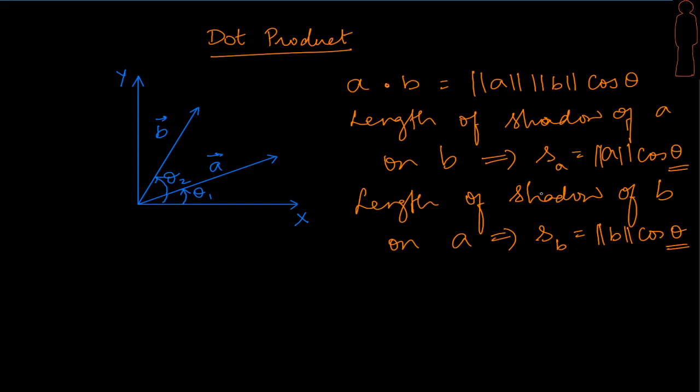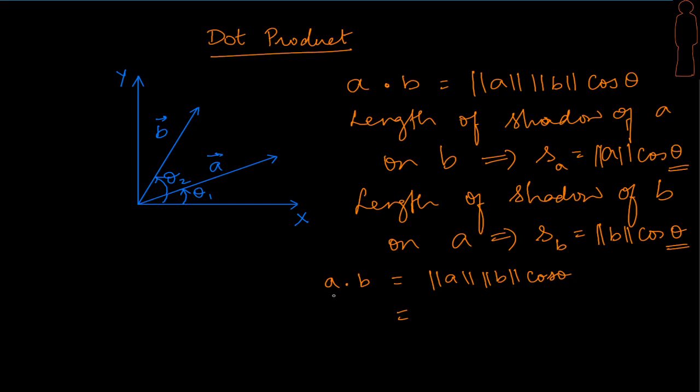Now remember, the lengths of the shadows need not be the same, but using this we can actually look at this product. So let me attempt this here below. We got A dot B is equal to magnitude of A times magnitude of B times cos theta. So how did we come up with this?